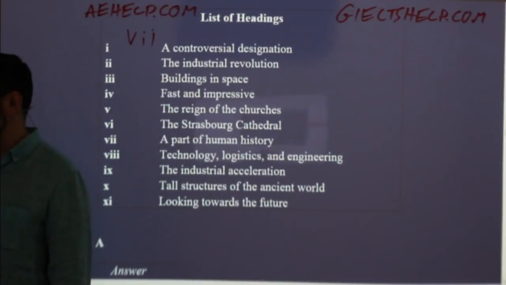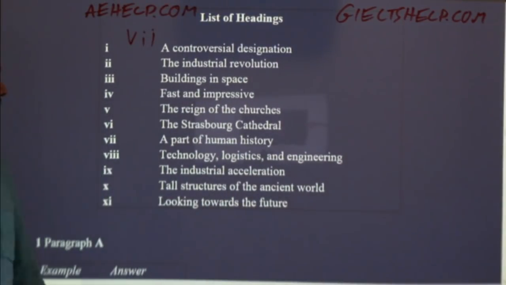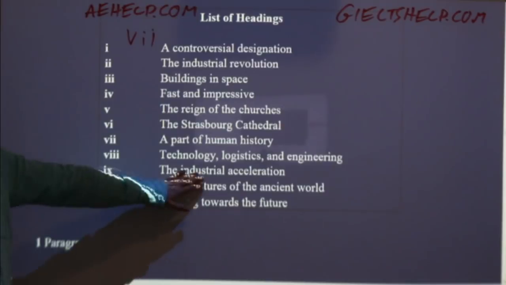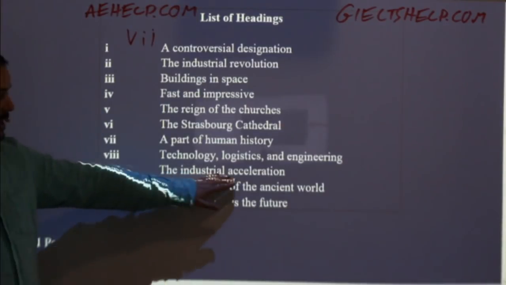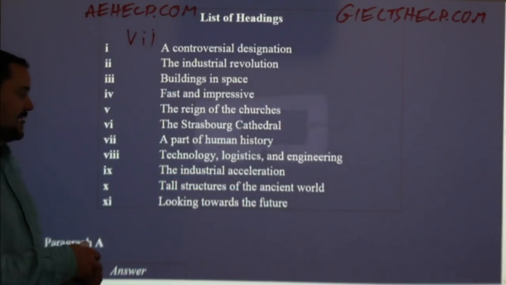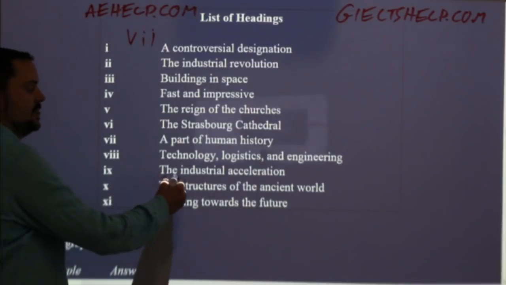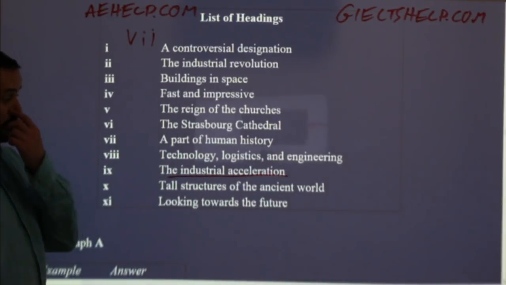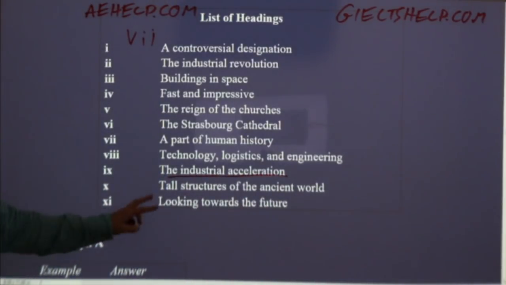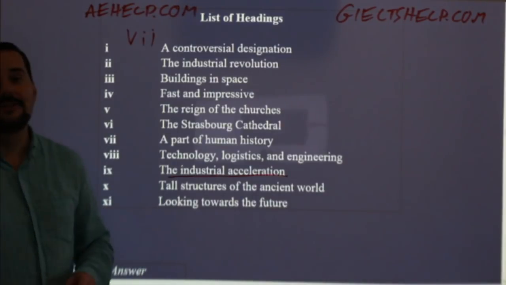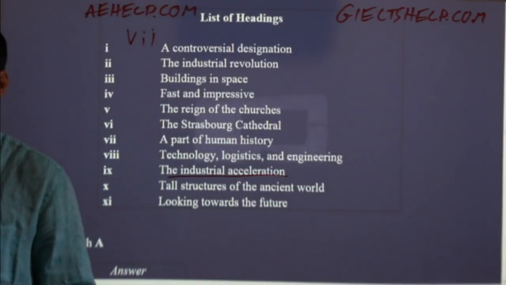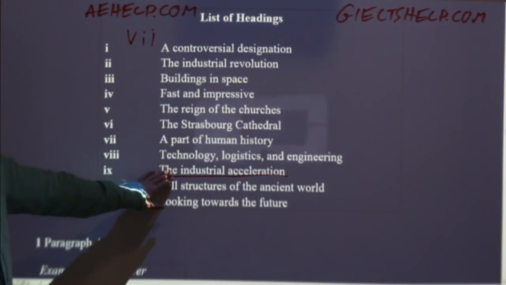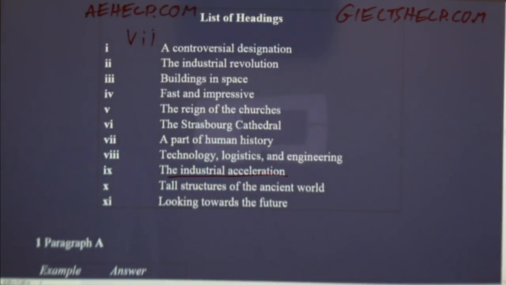And let's say, okay, I think the closest one is industrial acceleration, so development, building faster buildings with technology. This includes the word technology and development, the closest. So let's go with number 9, okay? So I think number 9 is probably the best bet here.